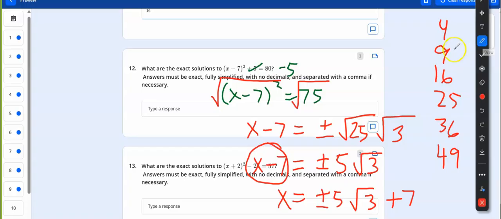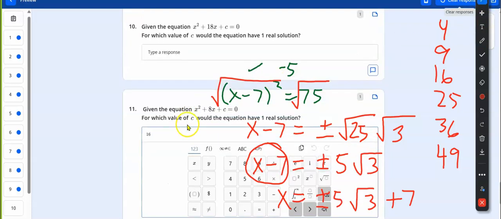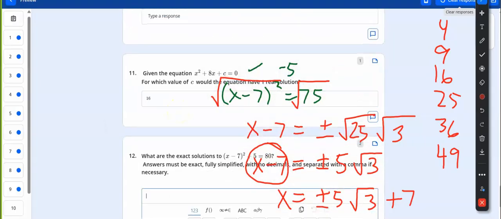So there's two answers. And so we're going to type out two different answers here. If it lets me type. 5 square root 3 plus 7. We'll put a comma.